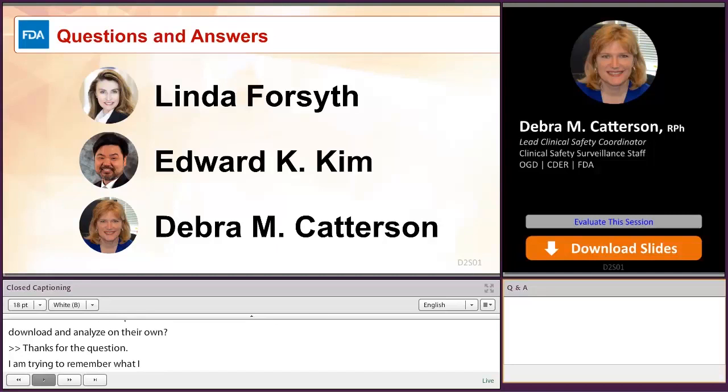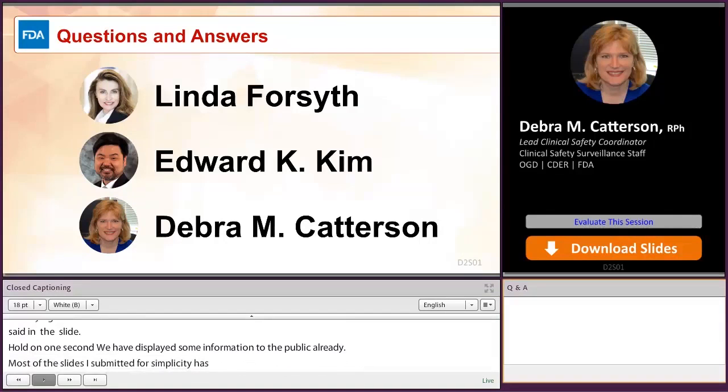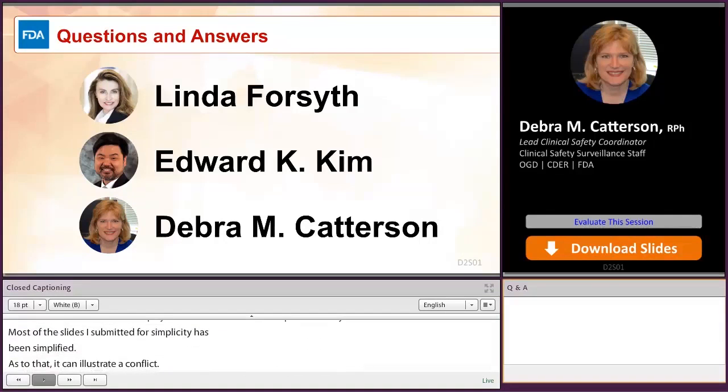Yes, okay. So, the short answer is we have displayed some of this information to the public already. Most of the slides that I presented had been simplified so that they can illustrate a concept. And you probably won't find some of the information, particularly in slide 8, where there's a comparison between complaint cases and market share.